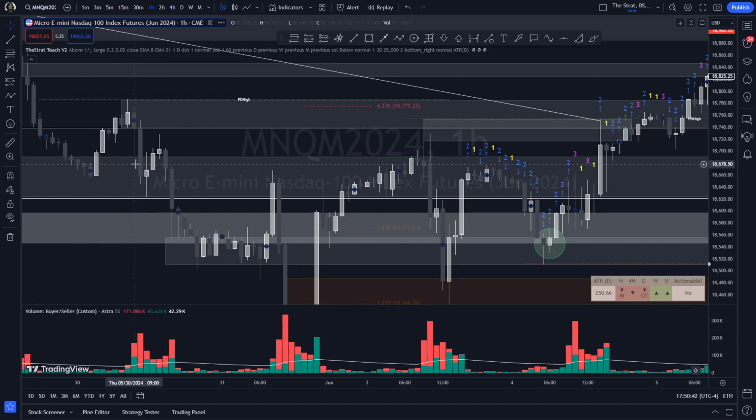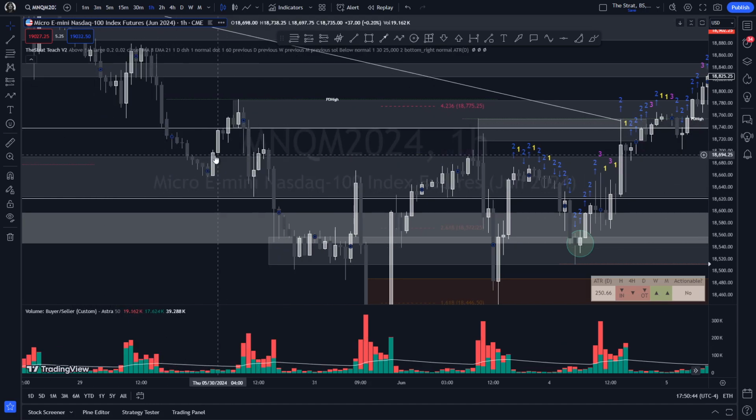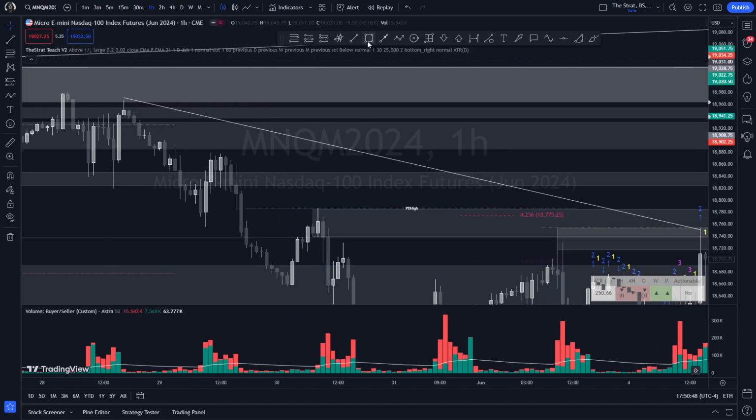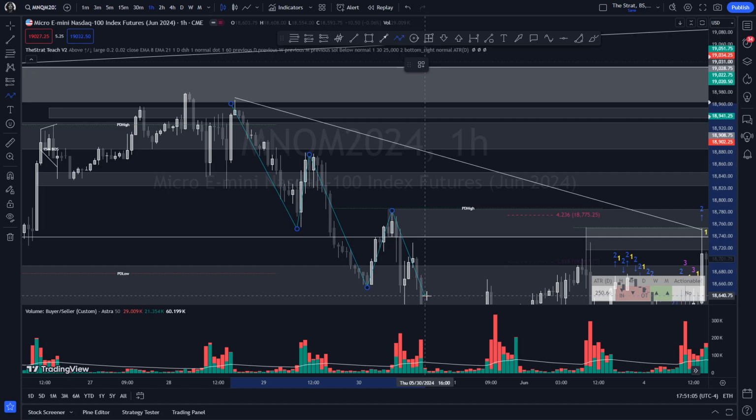I like this one though. The reason I like this one is because I'm seeing a trend here. You have a high, a low, a lower high, and a lower low, and a lower high. So for continuation in this zone that I have here, I would like to see something like this.